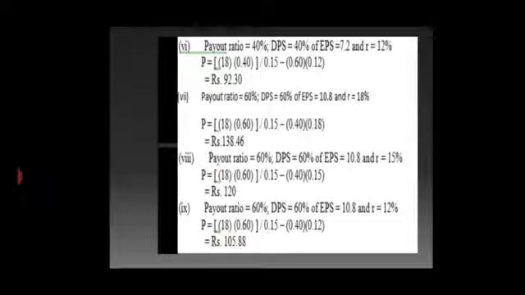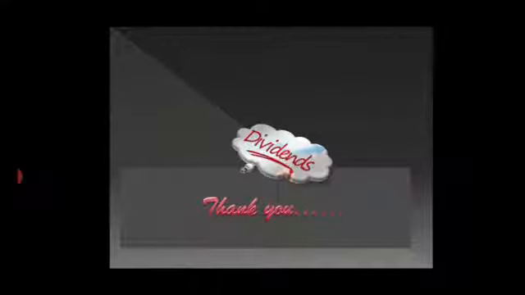So there are totally 9 calculations. So this is all about the examples of dividend policy, and in this video I have tried to cover various kinds of examples of the 3 models. Thank you so much.